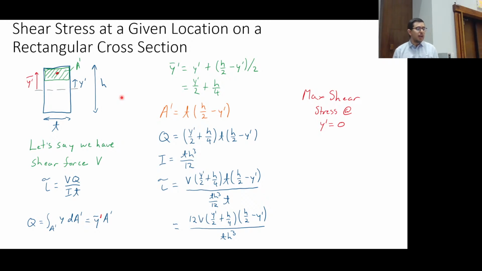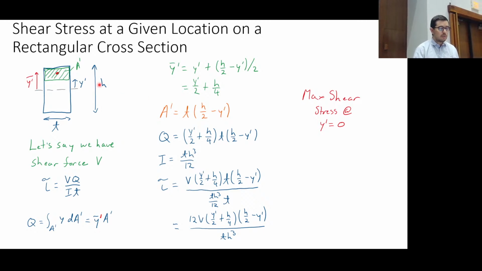How is that so? Well, one way to think about that is, the only thing that depends on the vertical location y prime is q.